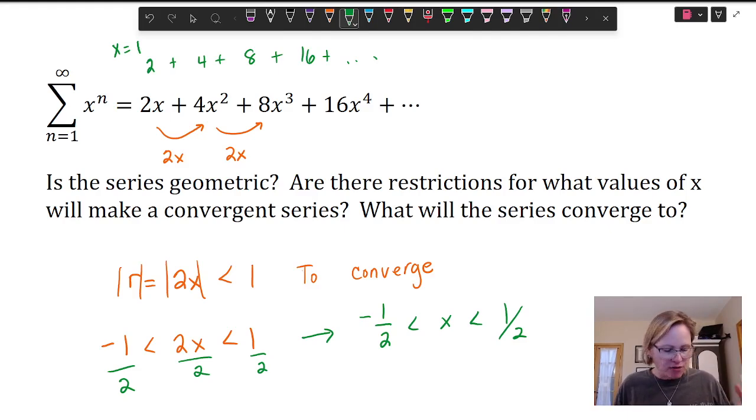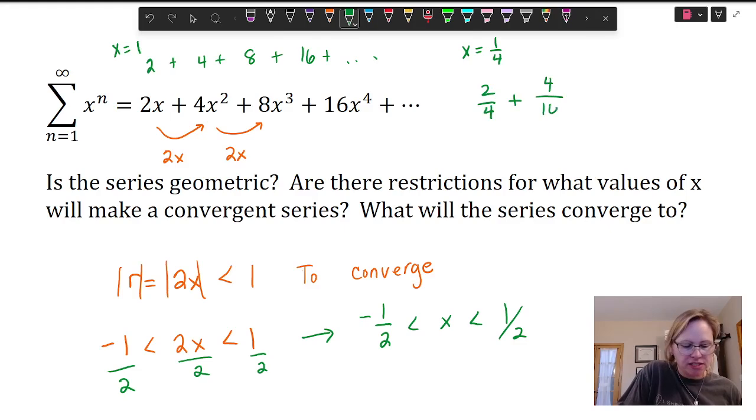But if I have a value of x that is smaller than 1/2, for example, let's say that I let x be 1/4, then I'm going to have 2/4 plus 4 over 16 plus 8 over, let's see, 4 to the third power is 64. Notice these terms are going to get smaller and smaller, and this will create a series that converges to some sort of a sum.